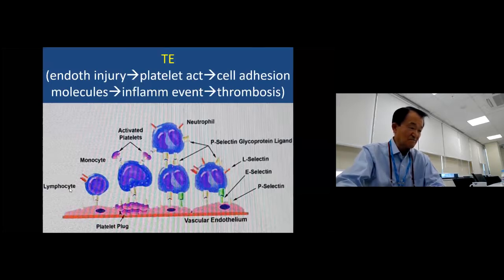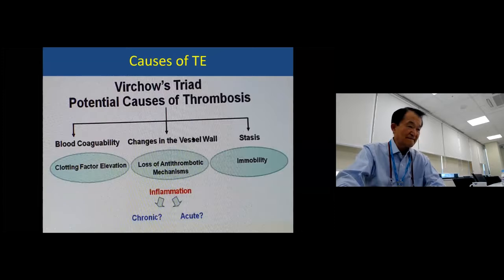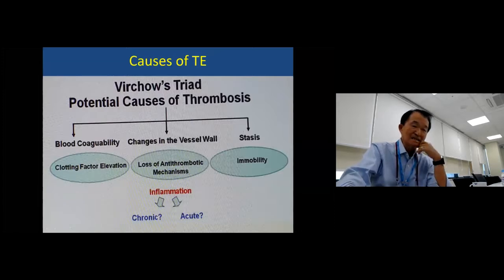So here, lymphocyte, monocyte, activated platelet and platelet plug, and then certain selectins working together in endothelium, and that makes a blood clot. So a key component is stasis, immobilization, and then vascular wall damage.